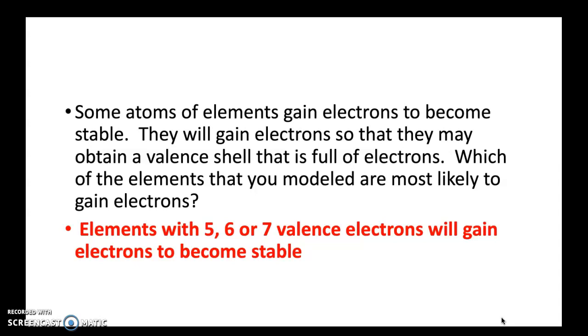The answer that I have right here is a great general answer that applies for elements with 5, 6, and 7. If your answer is talking about specific elements, it's not a really good answer, because I need you to think in general terms about elements becoming stable and elements with 5, 6, or 7 valence electrons gaining electrons to become stable. So write that down, please. Copy it.